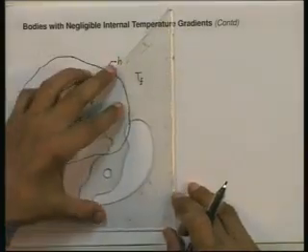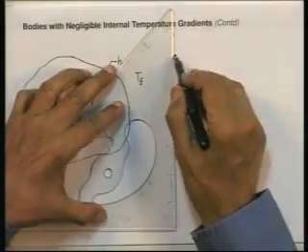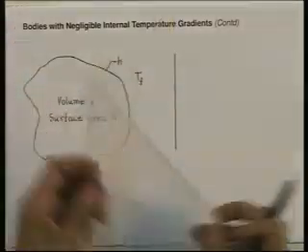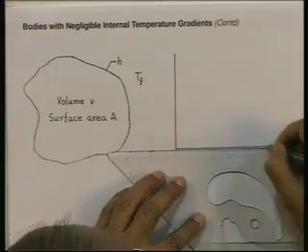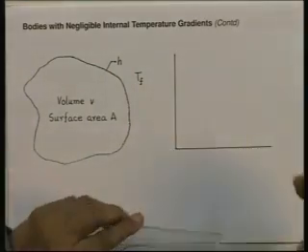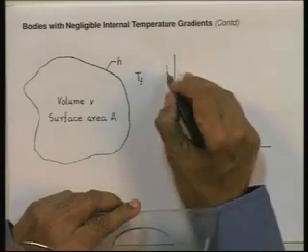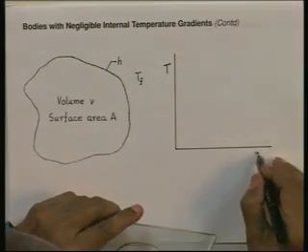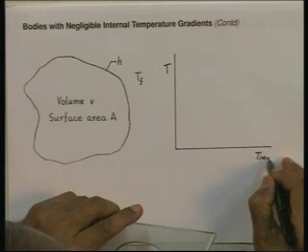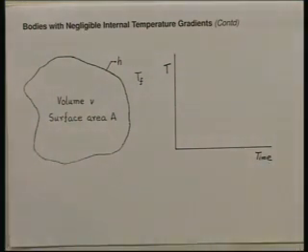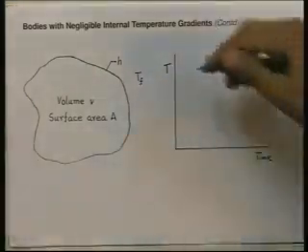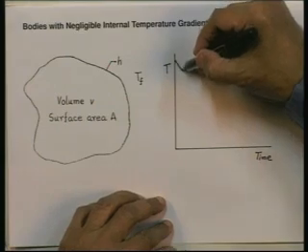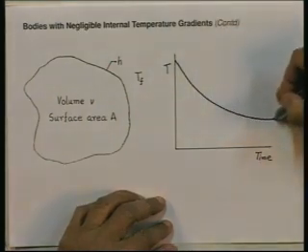Let me first sketch the temperature distribution before we solve for it. This is the type of graph we are likely to get. If we were to plot temperature of the body against time, starting at time t equal to 0, the temperature of the body is going to change like this.